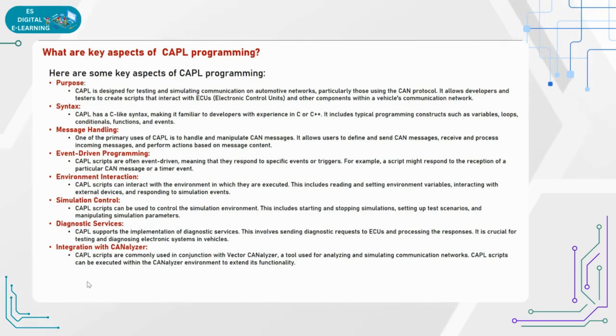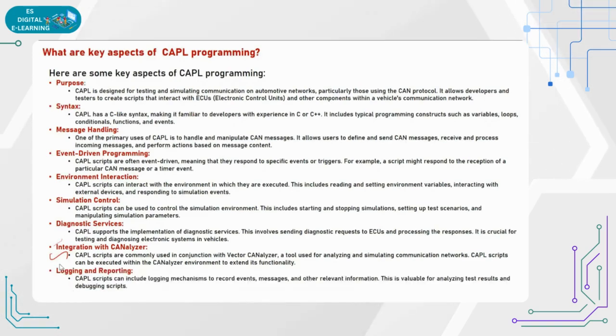And next is logging and reporting. In the tool, we can take the log manually, right? In the same way, when we make it in CAPL programming, like file open, file download, if you have some function, here also we can take those logging and reporting details in detail.